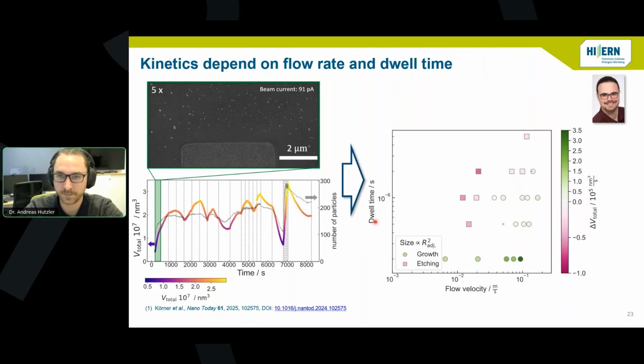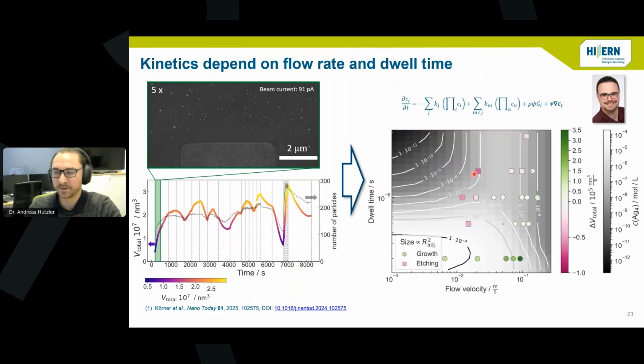We have the dependency of dwell time and flow velocity, and we obviously have two different regimes, namely a growth regime and an etching regime. So the green data points indicate growth, and the pink one indicate etching. And the darker they are, the faster is the process. So we have the fastest growth down here and the fastest etching up here.